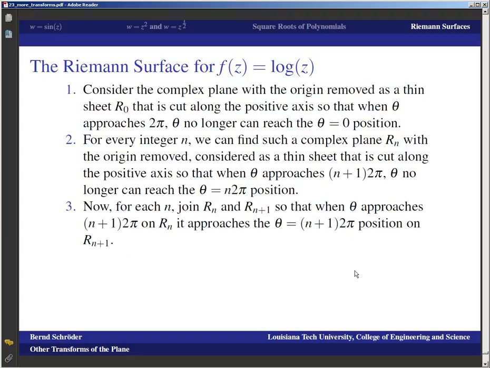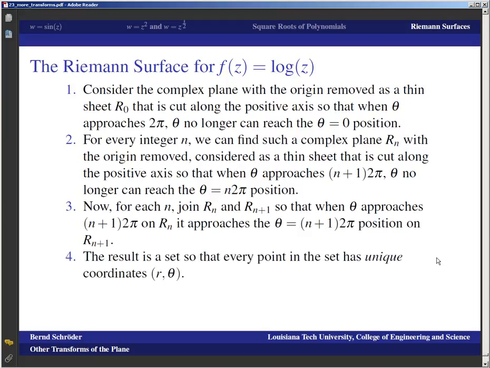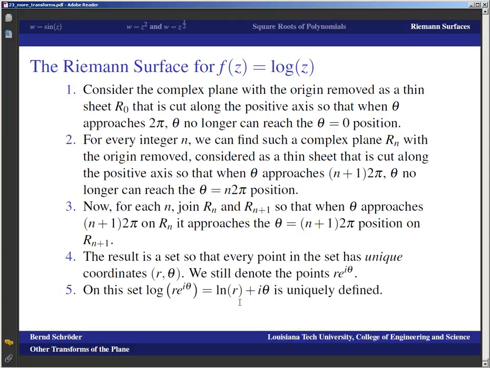Knowing when to say when is something that comes up in public service announcements sometimes, and I would like to emphasize, despite this typo, I know when to say when. Let's see. So the result is a set so that every point has a unique set of coordinates r, theta, and that point would still be denoted r e to the i theta, and on that set the logarithm function really is uniquely defined by ln r plus i times theta.